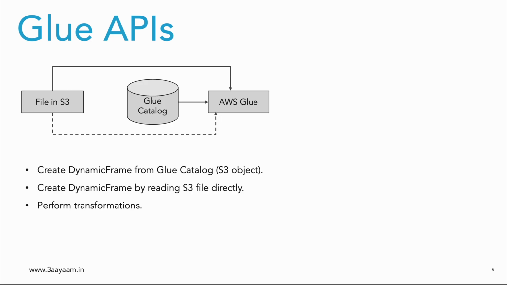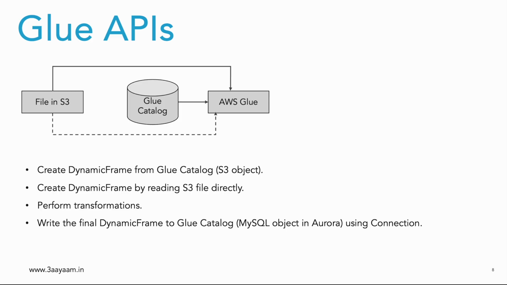Now after that, let's say we perform some transformations and then we write the final dynamic frame to the Glue data catalog, which is essentially a MySQL object in Aurora that we have already done. We have created multiple tables which are available in Aurora. So we'll use the dynamic frame to write to the MySQL object in Aurora using a connection.